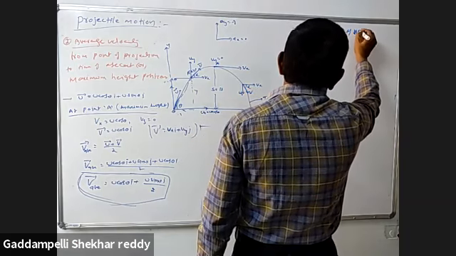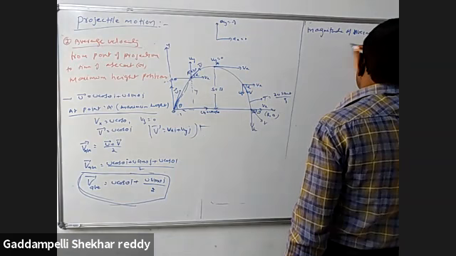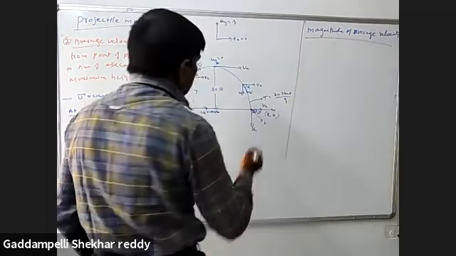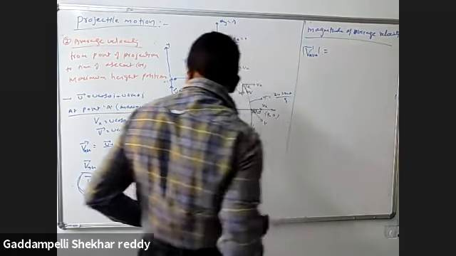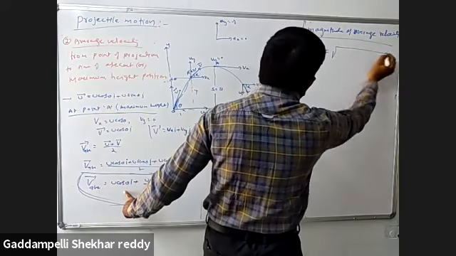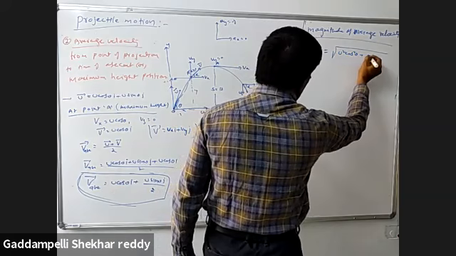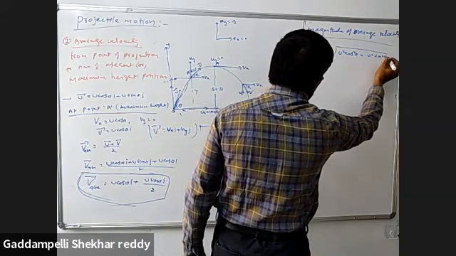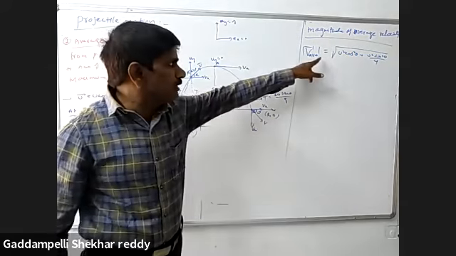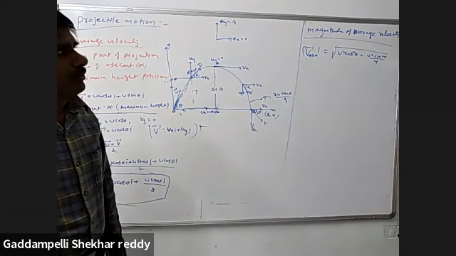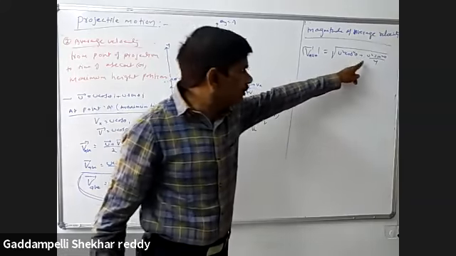Magnitude means mod. Mod of V average is equal to under root of u square cos square theta plus u square sin square theta by 4.